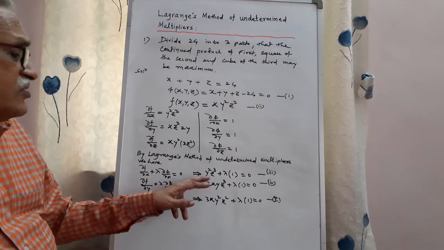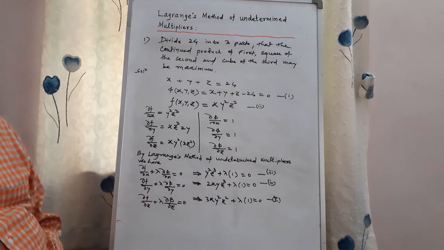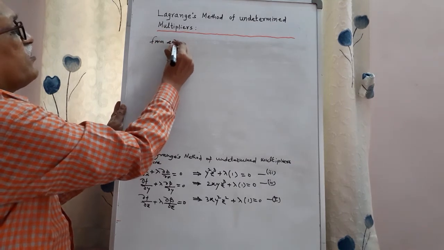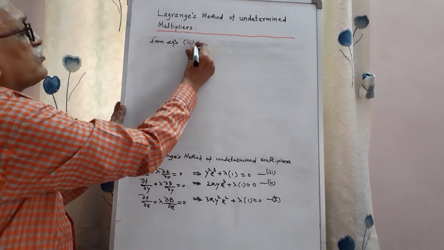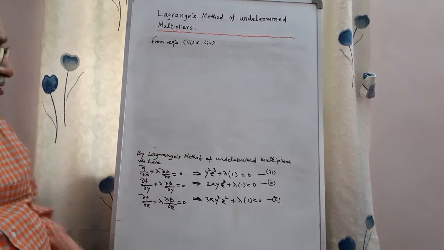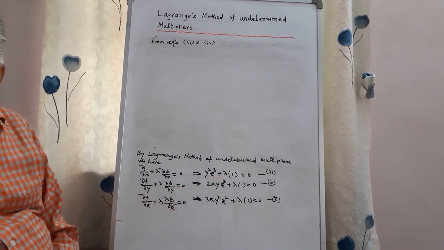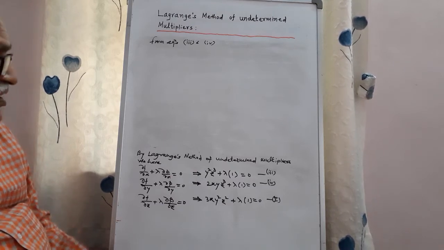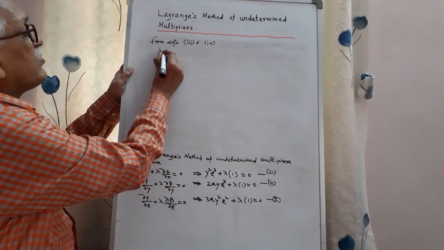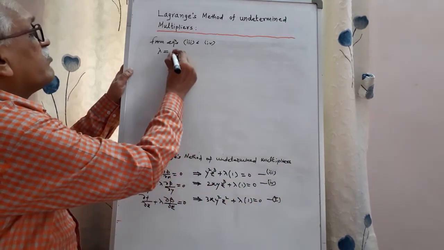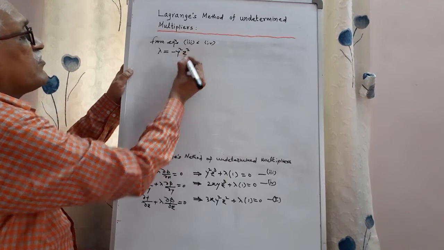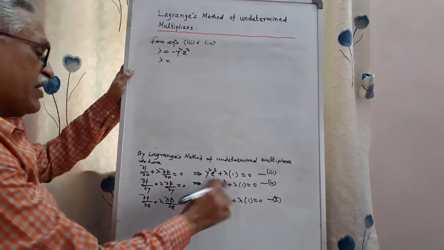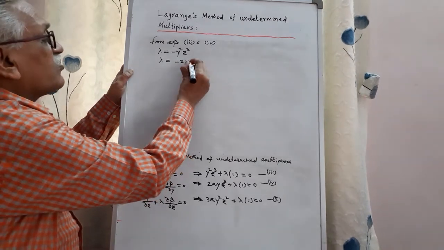Then, using equations 3 and 4, from 3 we get lambda is equals to, if we transfer to the other side, minus y square z cube, and from 4th we have lambda is equals to minus 2x y z cube.